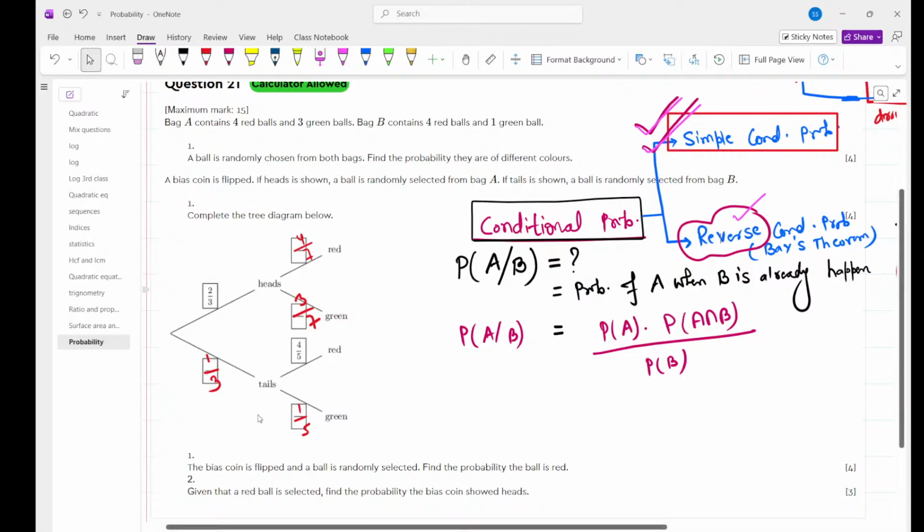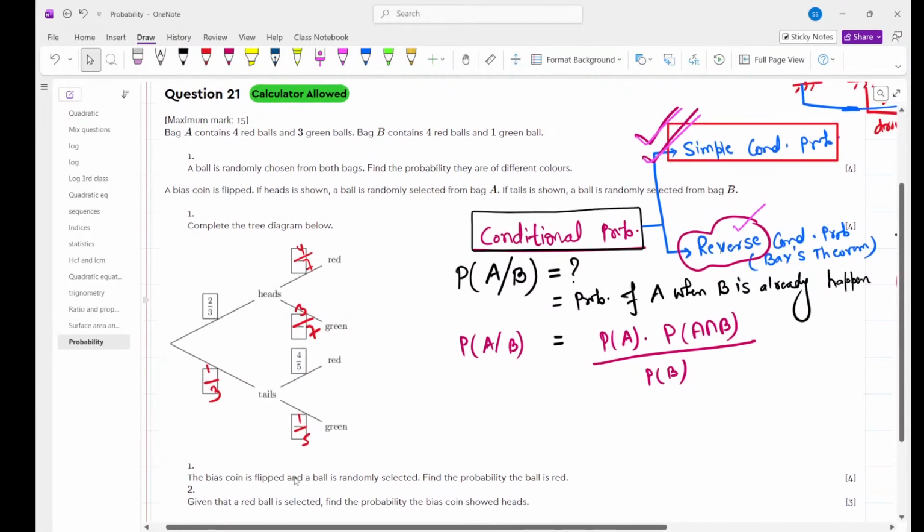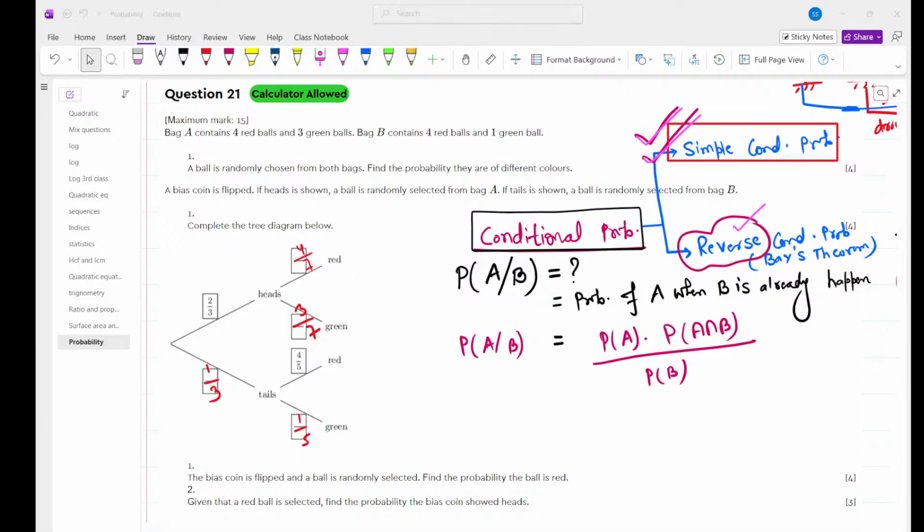The biased coin is flipped and a ball is randomly selected. Find the probability that the ball is red. Can you go to your diagrams again?